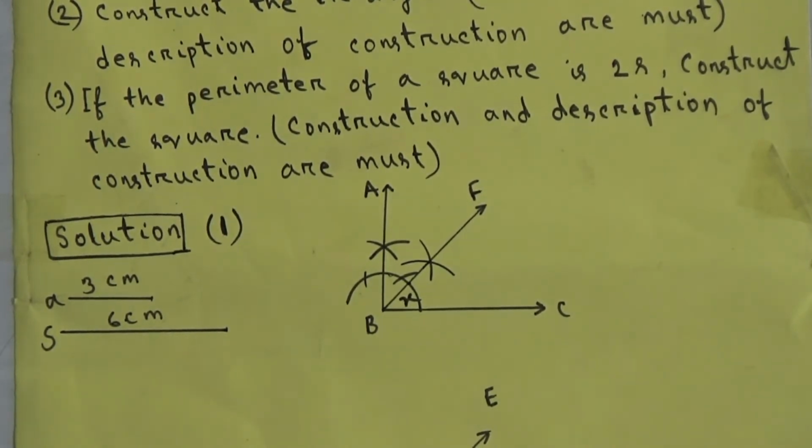Now at first we will draw the perimeter. And the length of the perimeter will be 12 centimeter.